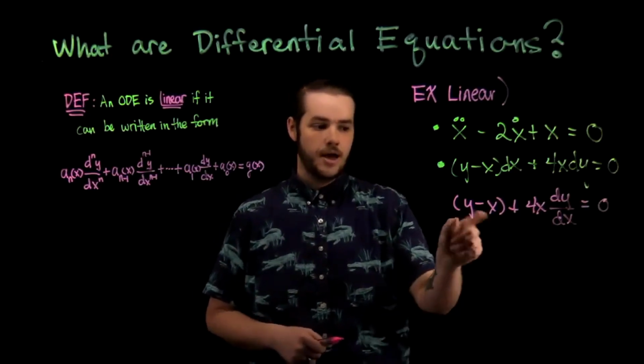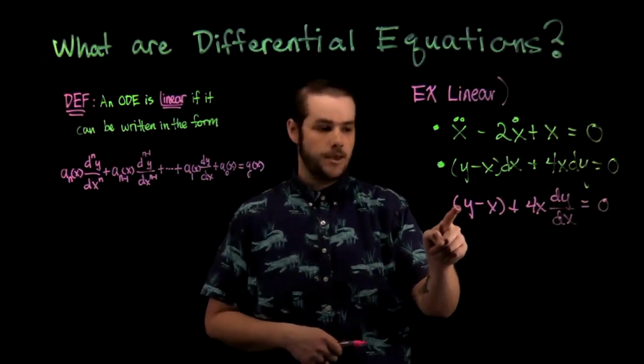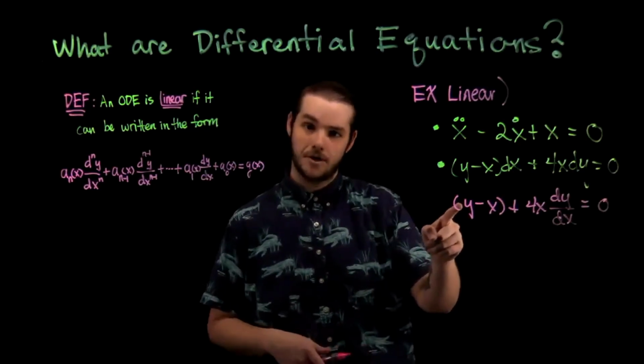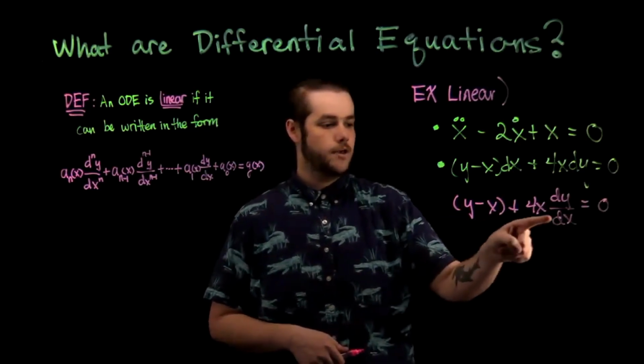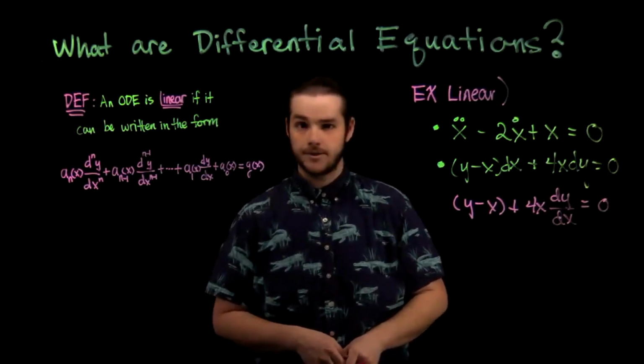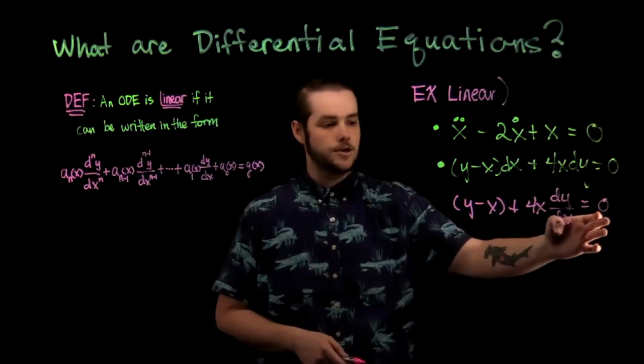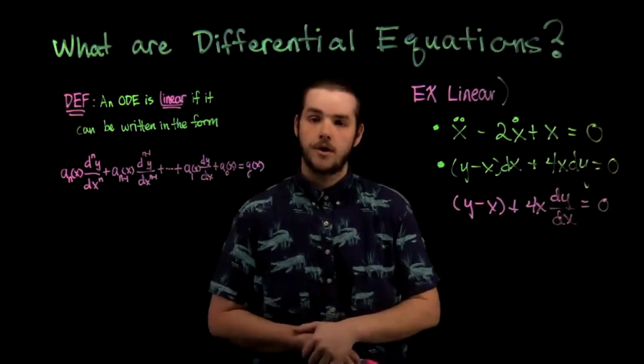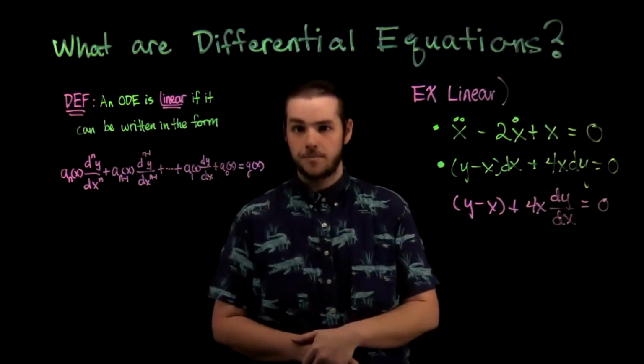Because here I have an order 0 term, its coefficient has x's or constants only. I have an order 1 term, and its coefficients have x's or constants only. And the right-hand term and my order 0 term both involve x's only.